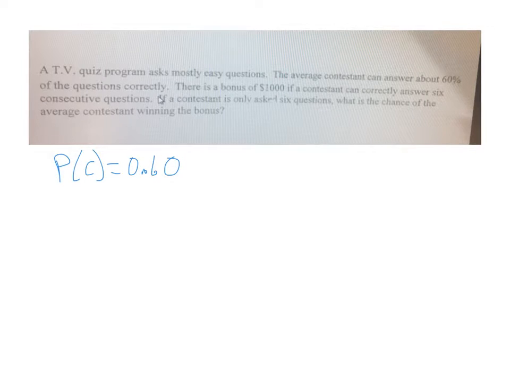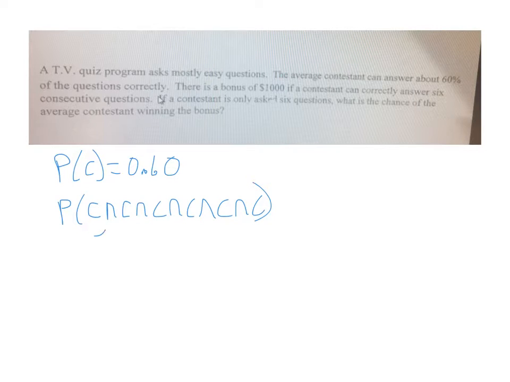And so if you get this $1,000 bonus for answering 6 questions in a row correctly, the chance of winning the bonus is the probability of you being correct 6 times. So correct and correct and correct and correct and correct and so on. You've got to do that 6 times in order to win the bonus.